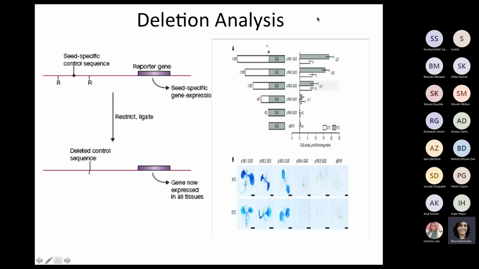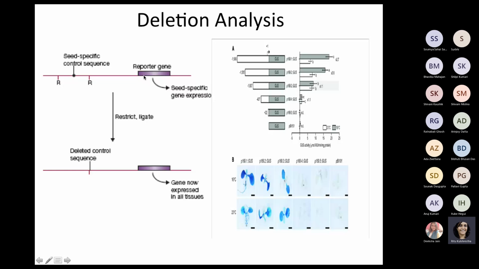By deletion analysis. So you make deletions step by step in the promoter. Let's say this was the whole promoter, I think it's around 1.5 or 8 kb, whatever. You make its deletions, and then you see that maybe till here I see very high GFP activity, like in the example I told you before.